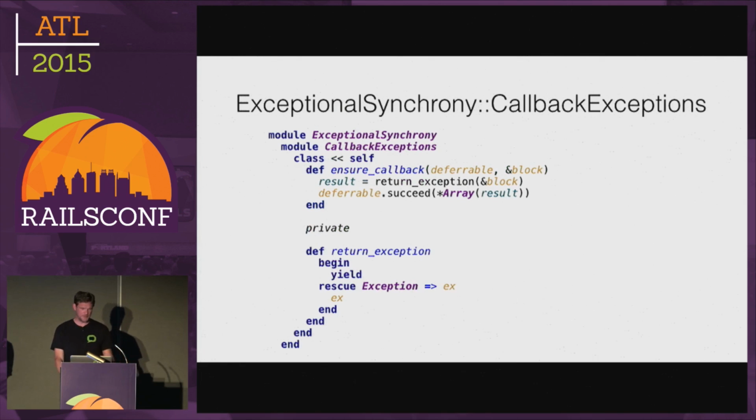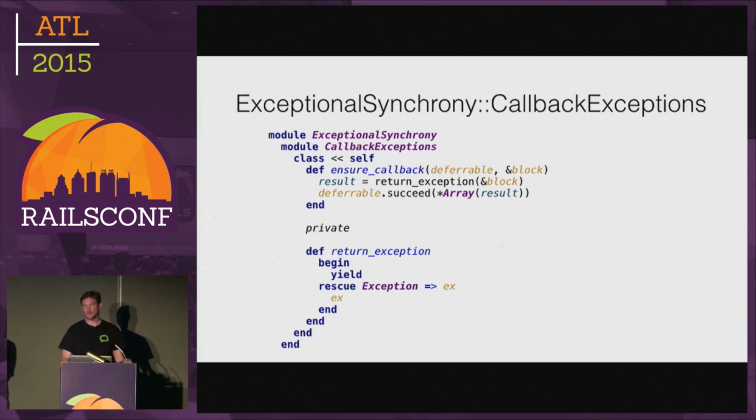So, inspired by a piece of Synchrony code, we realized that we could tunnel exceptions over to the callback. By doing that, there's no need for a separate errback. So, here's the ensure callback method in this gem, and it just calls that return exception private method down there, and it's very simple. It just takes the return value or an exception, whichever happens, you get that back.